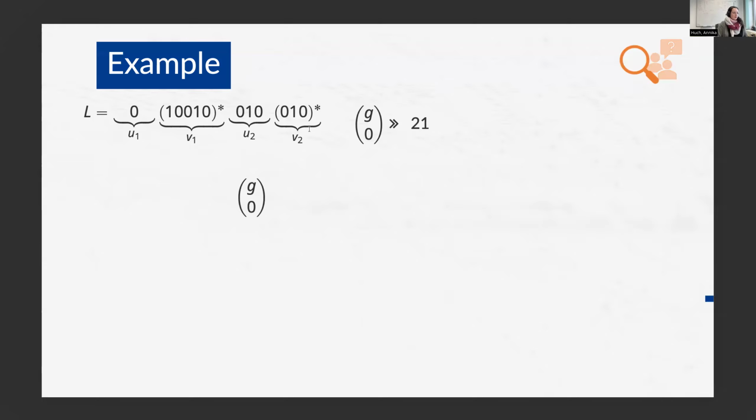So g over 0 is how many zeros we find in u1, plus how many zeros we find in v1 times x, because we can execute this loop multiple times, plus how many zeros we find in u2, plus how many zeros we find in v2 times y.